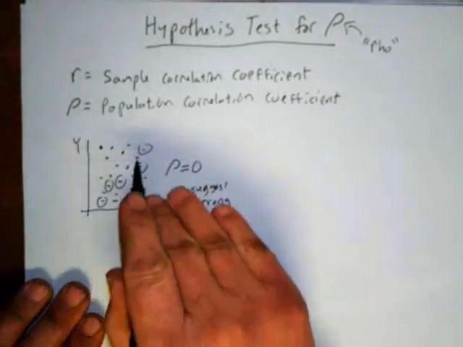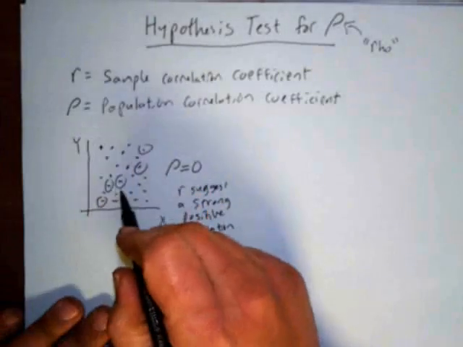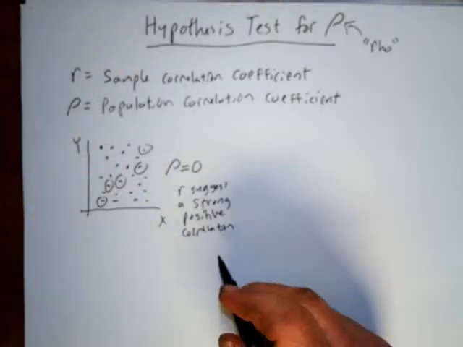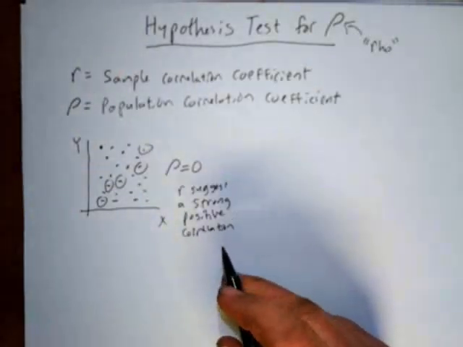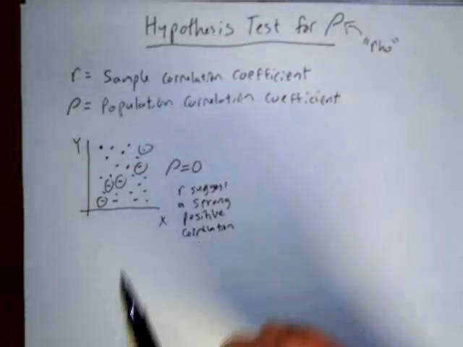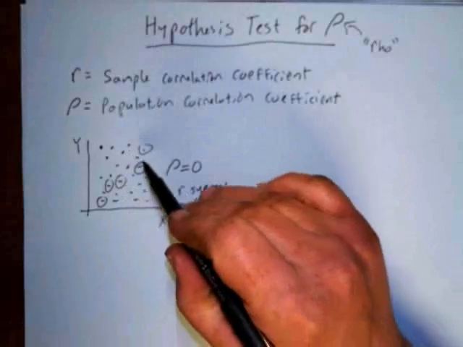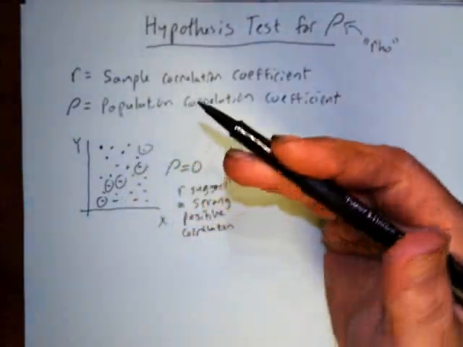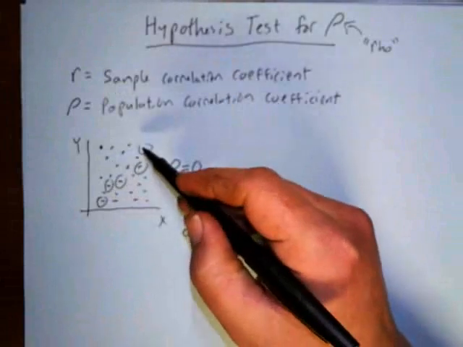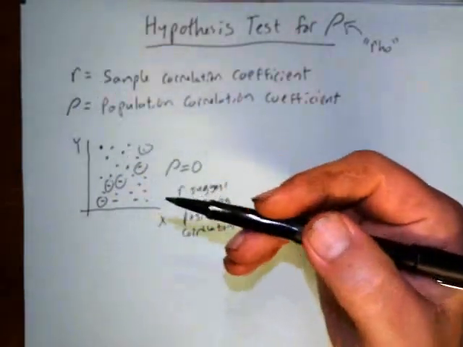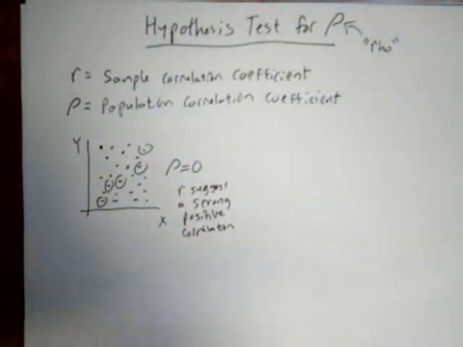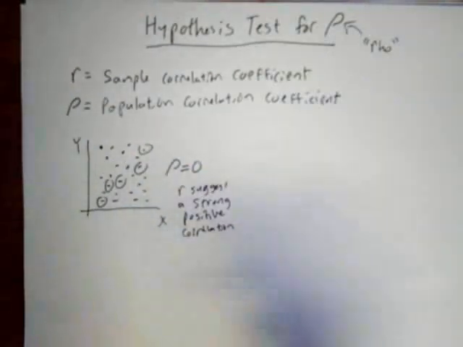You just happened to pick 5 values by chance that had a pretty strong positive correlation. So this test is testing whether the correlation in a sample provides enough evidence to conclude a correlation in the population. Because your sample could have a correlation and the population might not. This is a test you would use to decide that.